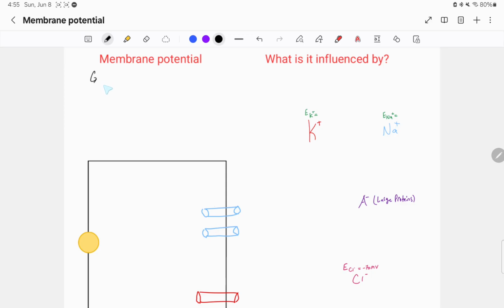Guys, the membrane potential is the separation of charges across a membrane.